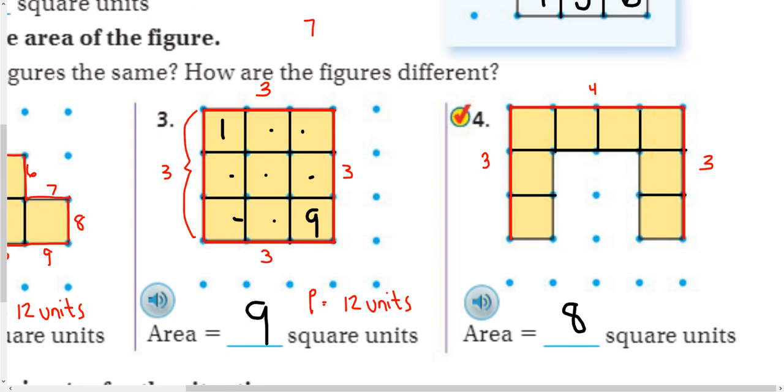All right, and then we get into this kind of the inside part right here. All right, so here is 1. That is 2. Another 2. Another 2. And then across here 1. So what do we have? Well, we got 1, 2, 3. 1, 2, 3, 4 this way. 1, 2, 3.